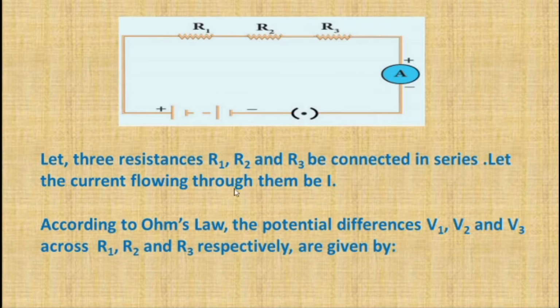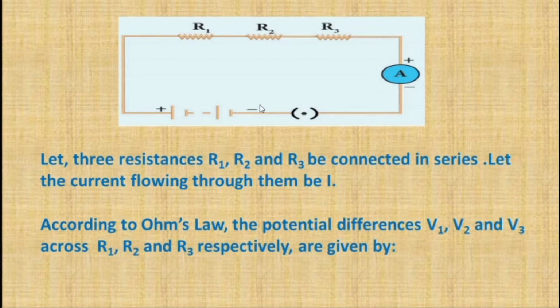Then let the current flowing through them be I. The same current flows through the circuit when the resistors are connected in series. So according to Ohm's law, the potential differences are V1, V2 and V3 across R1, R2 and R3 respectively. For example, the potential difference between the two ends of R1 is V1. Then what about R2? The potential difference is V2. Then for R3, the potential difference is V3.